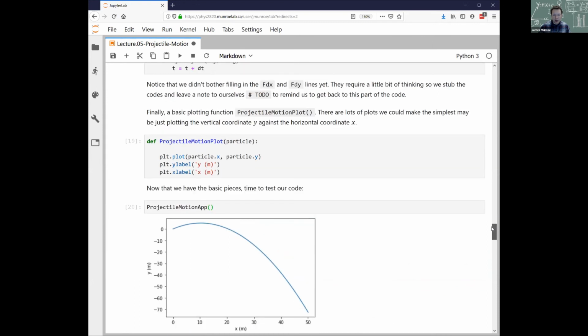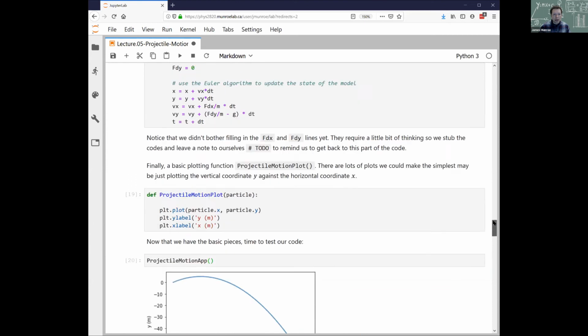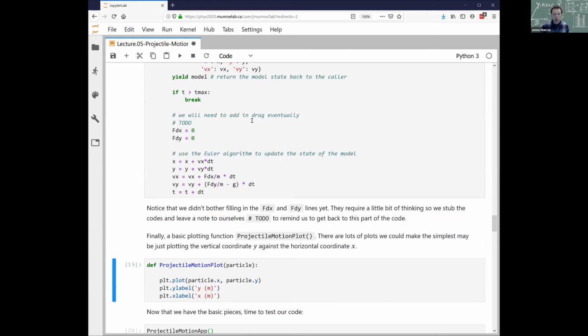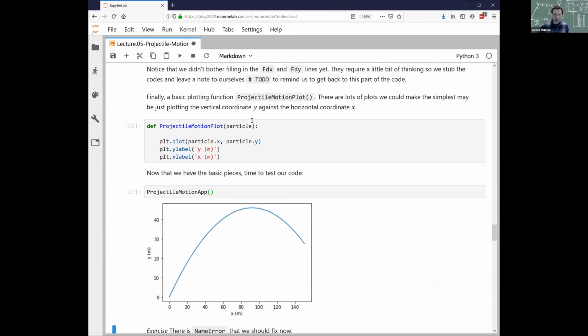Well, okay, let's take a look at this. How could I get this program to run for longer? I might be able to change the initial speed. If I change Vx and Vy to 30, the projectile will go longer and faster. There you go. There's the basic shape all the way through. So it's going up and it's going down.